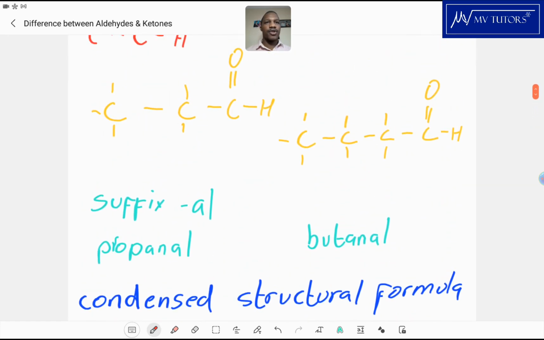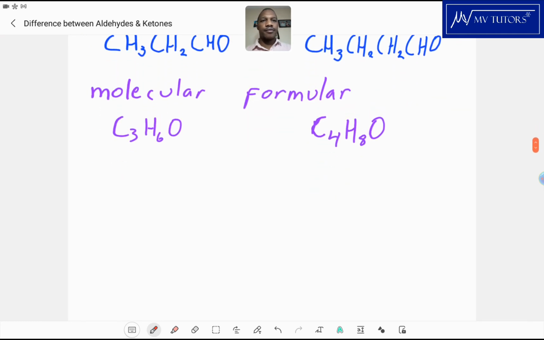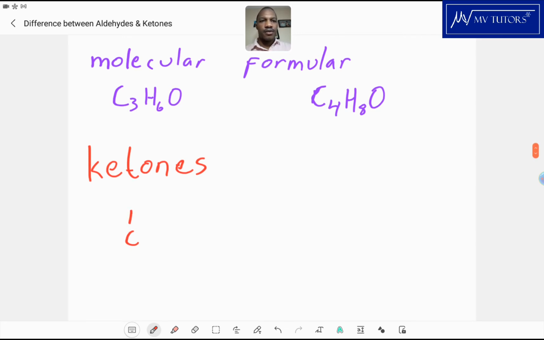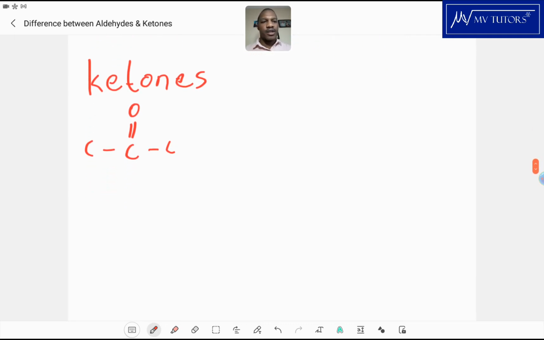Which is our ketone. Now, the functional group of a ketone is such that you have a C, you have an O, then you'll have a C on this side and a C. That's the functional group.